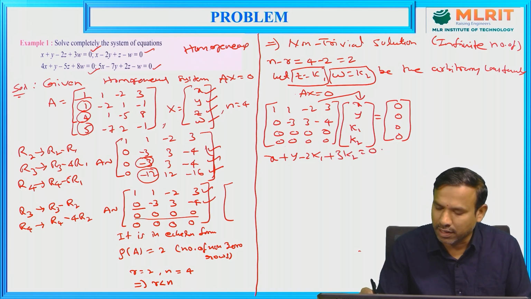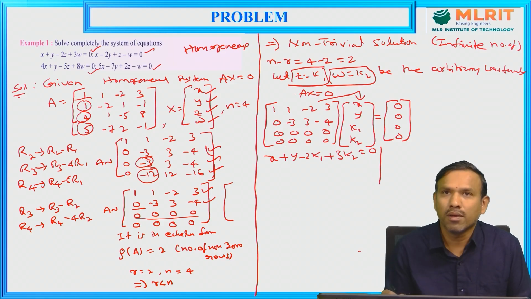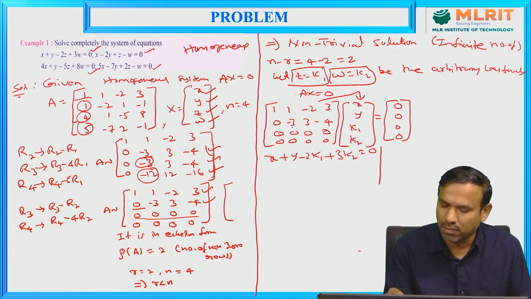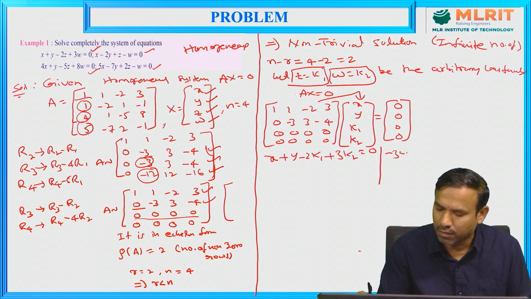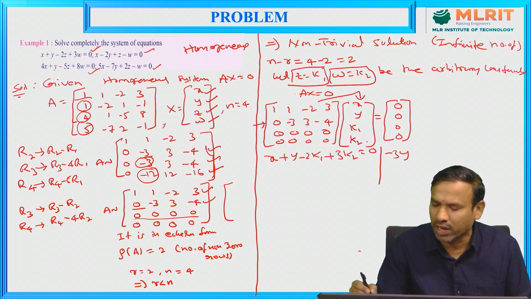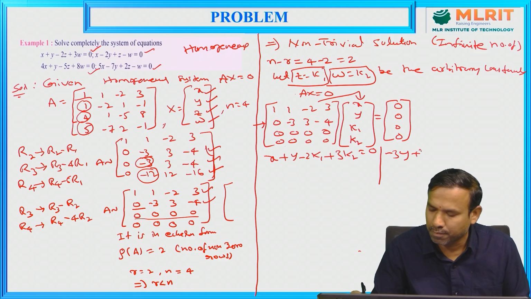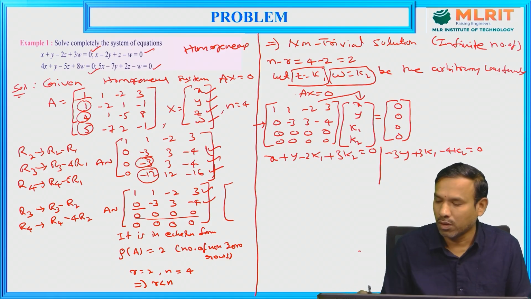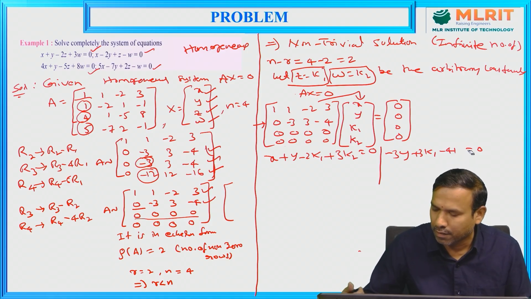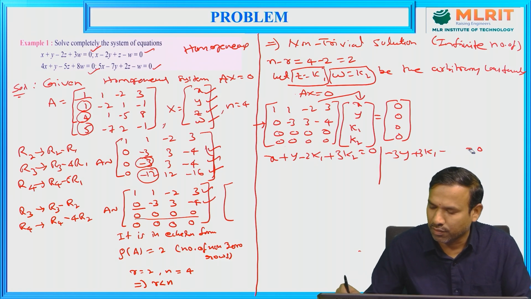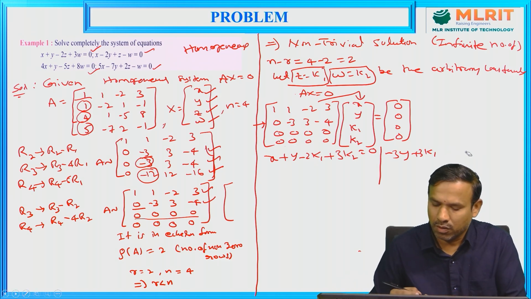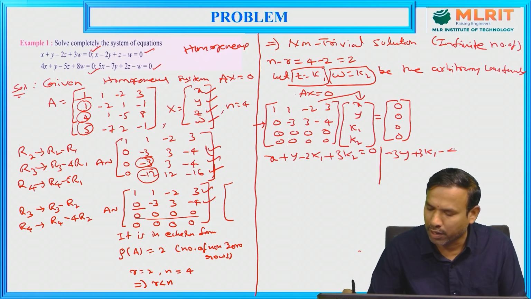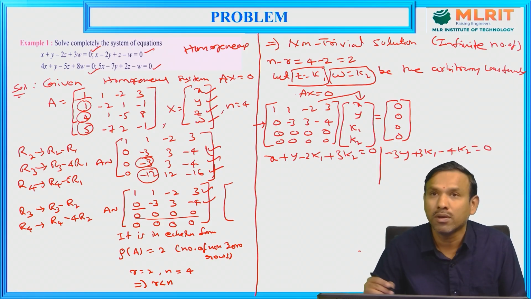Now take the second equation: 0 into x, minus 3 into y, plus 3k1, minus 4k2 is equal to 0.